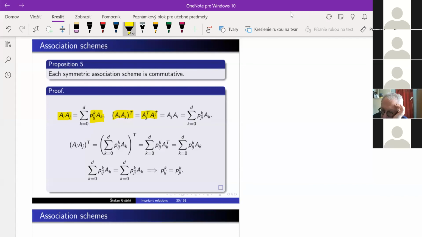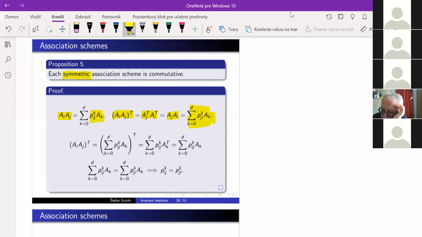And since our association scheme is symmetric, then the matrices from the basis are also symmetric. So this is the same as transposition. And we know that A_j A_i can be written as linear combination of the basic matrices.